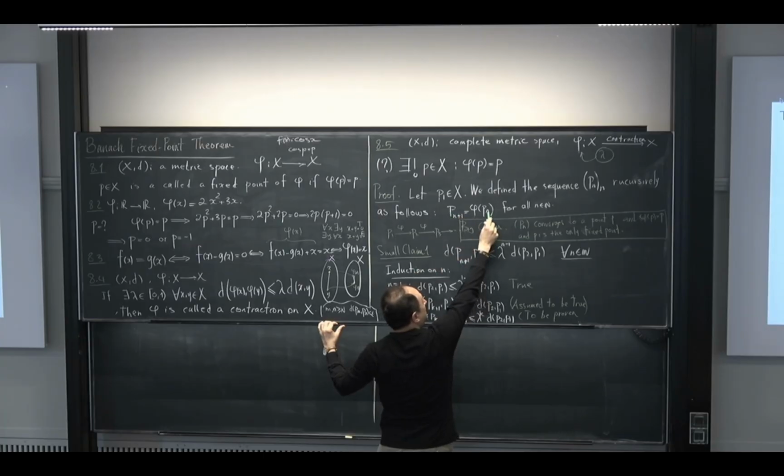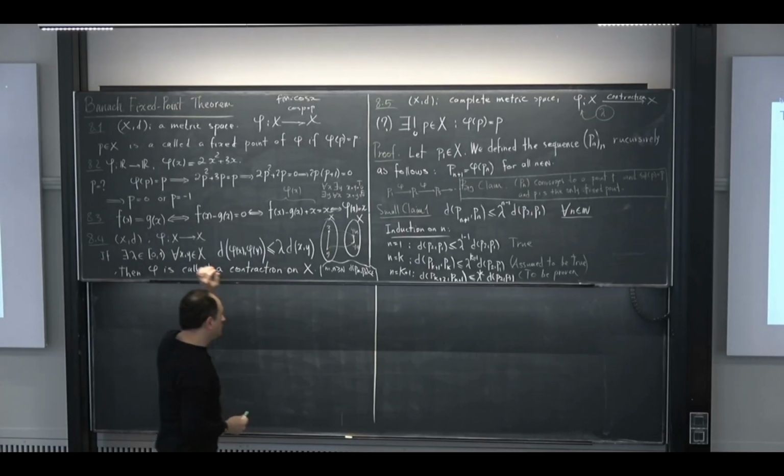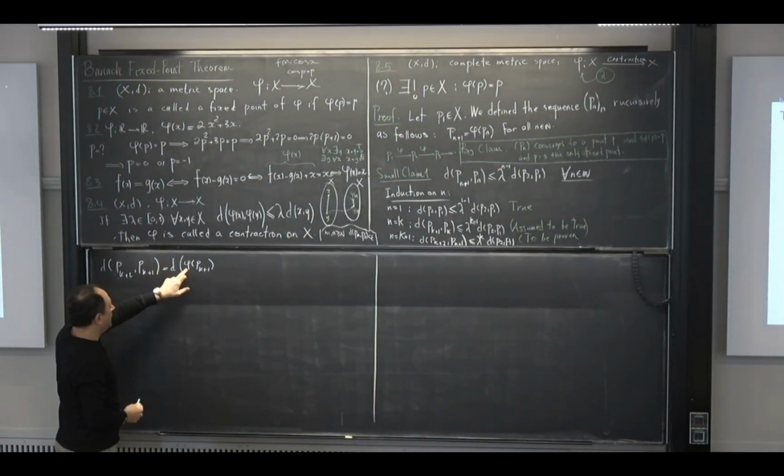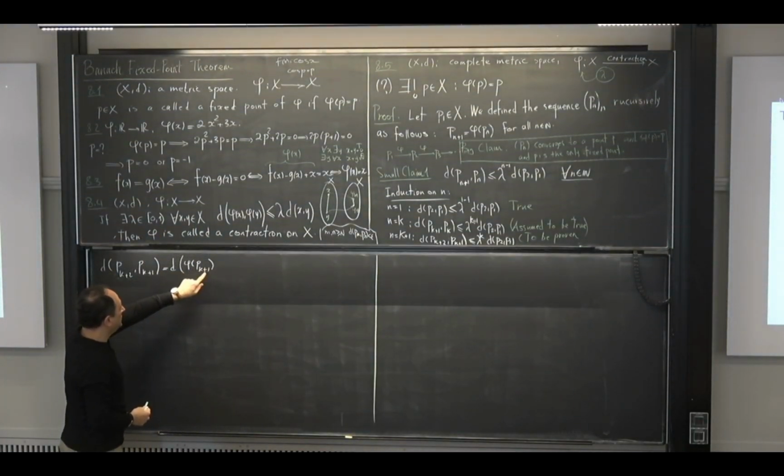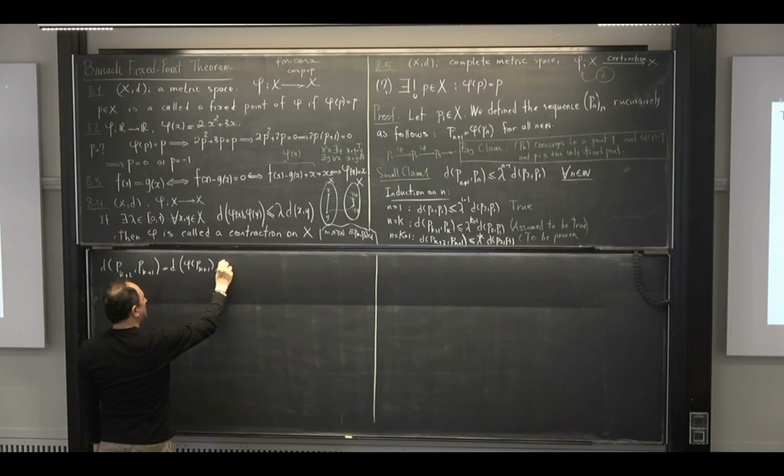So if this index is n, after phi applies on it, the index will increase by 1. So that's the same thing. So if phi acts on p_{k+1}, the index will be increased. And for the same story, I can write it as phi of p_k.